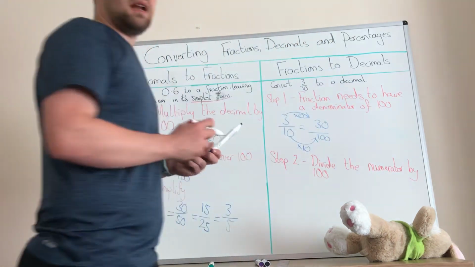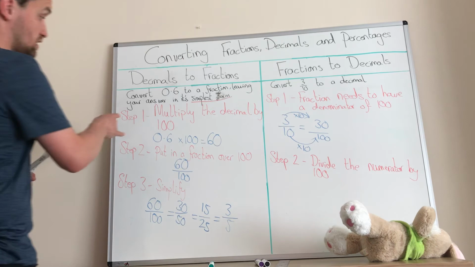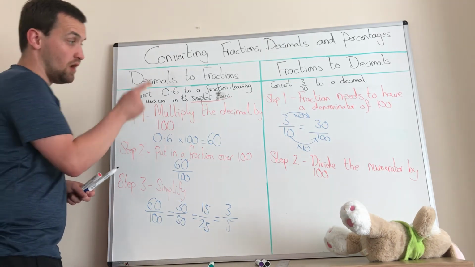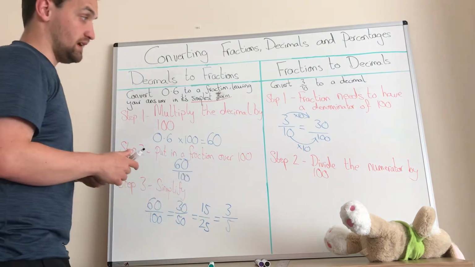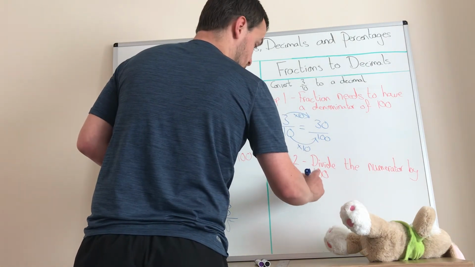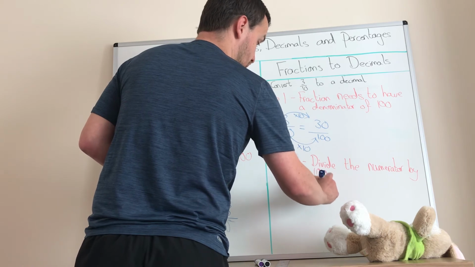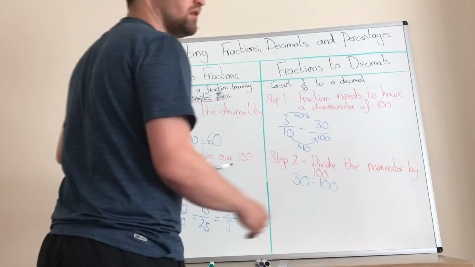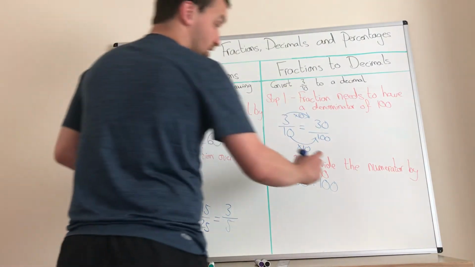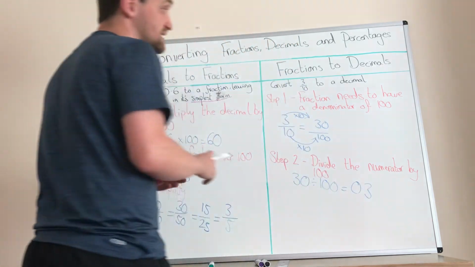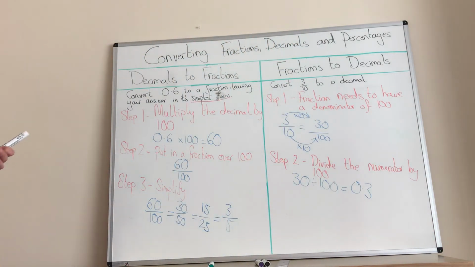Okay, we're going to divide it by 100 because we're doing the opposite of what we did here. Okay, here we multiplied, on that side we're going to be dividing. So what we do, 30 is on the top, 30 is the numerator, and we are going to divide that by 100. Okay, 30 divided by 100 is 0.3. So 3/10 as a decimal is 0.3.